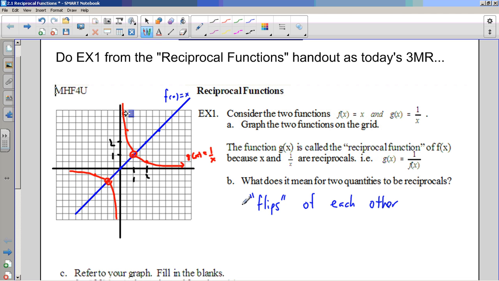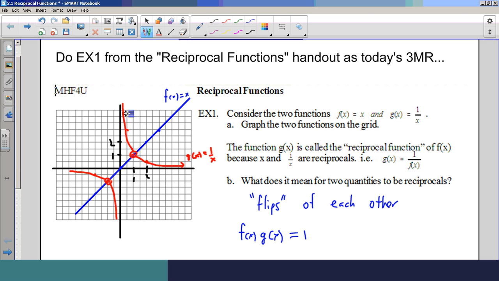Technically, two quantities are reciprocals if their product is equal to 1. If I take this quantity and multiply by this quantity and I get 1, that's what it means for them to be reciprocals. That's more technical than saying they're flips of each other, even though that's the way we think of it. All right, and so we're supposed to refer to this graph and fill in the blanks.